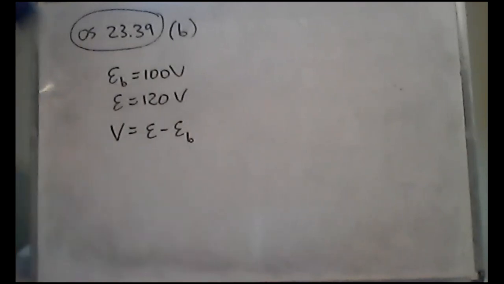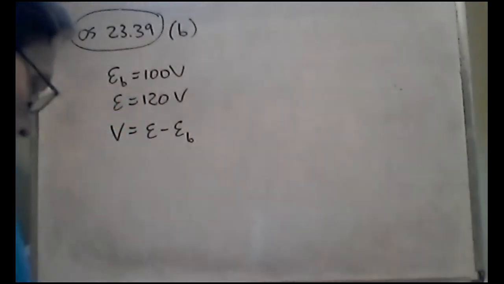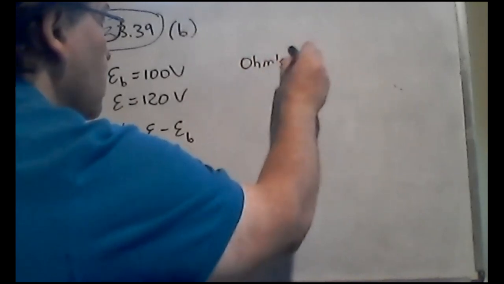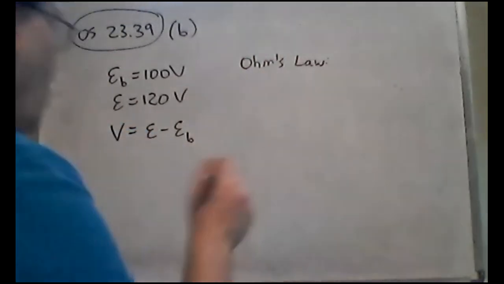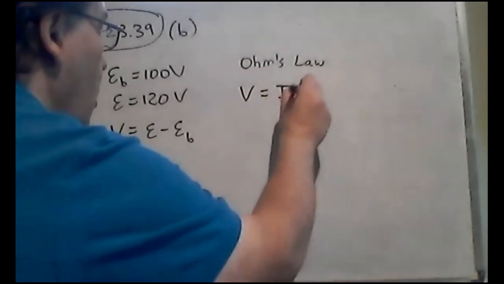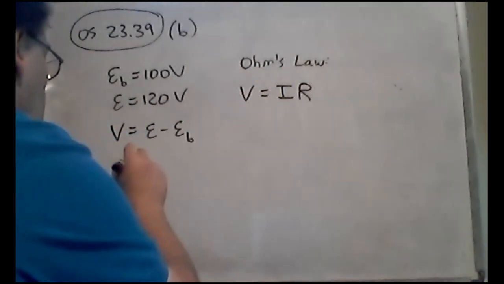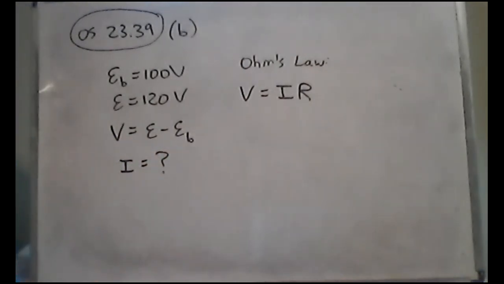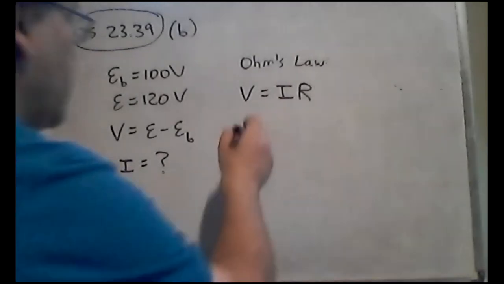Now when applying Ohm's law, it's always V equals IR. I want to find the current draw when the motor's operating at its full operating speed. So what's V now?